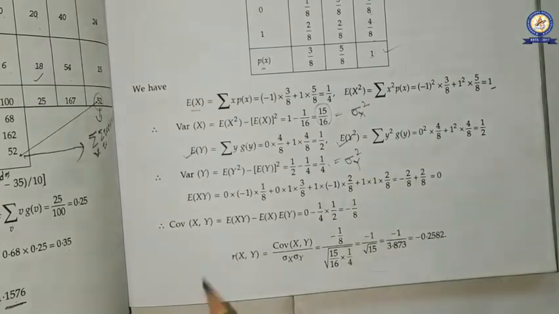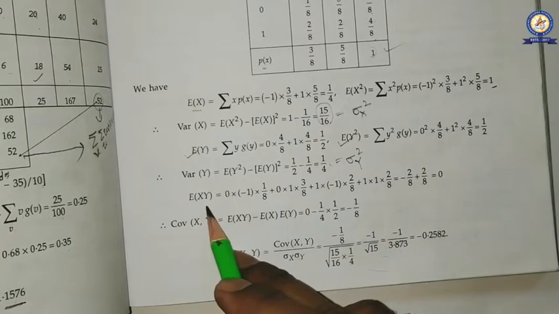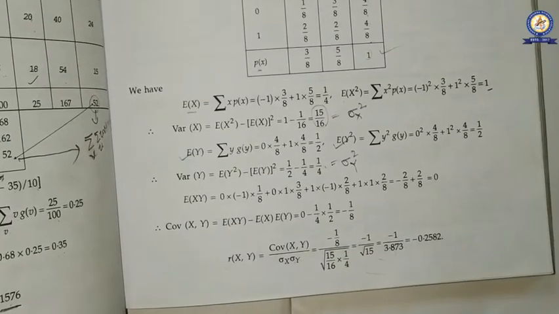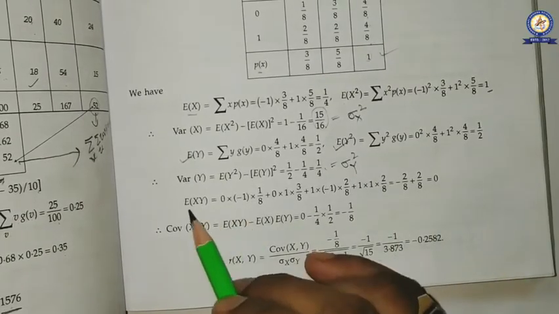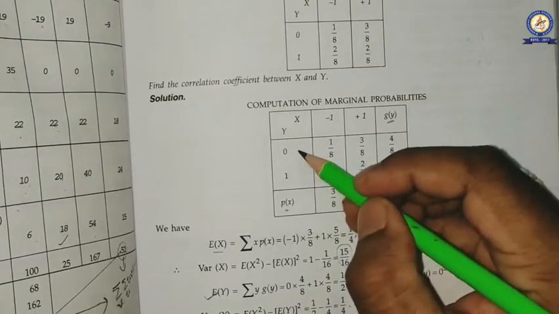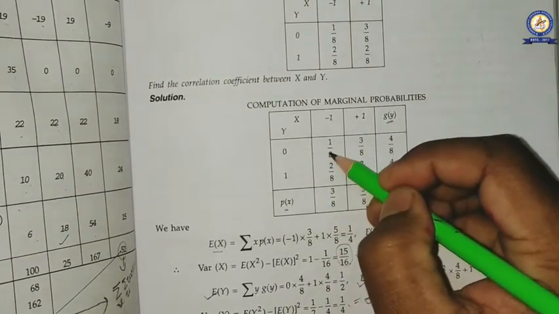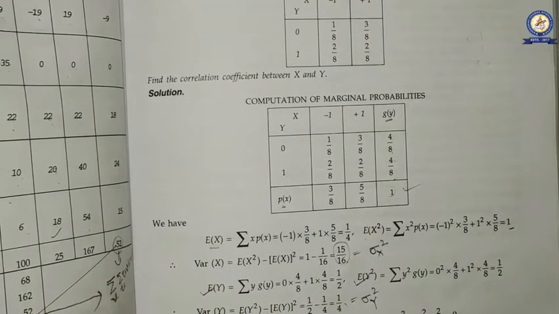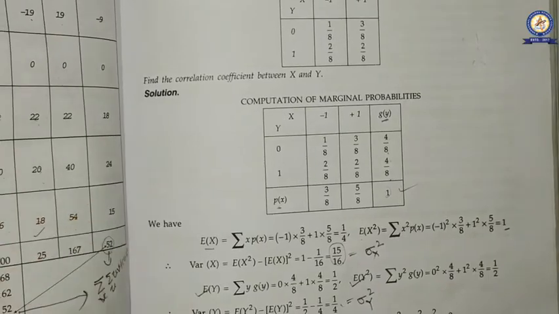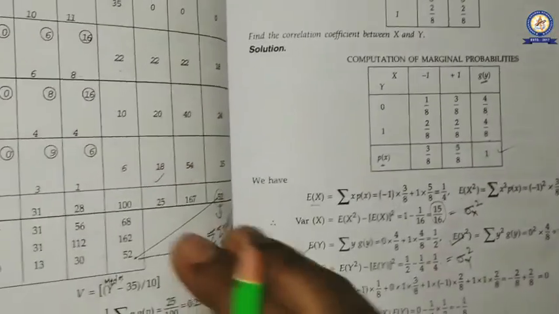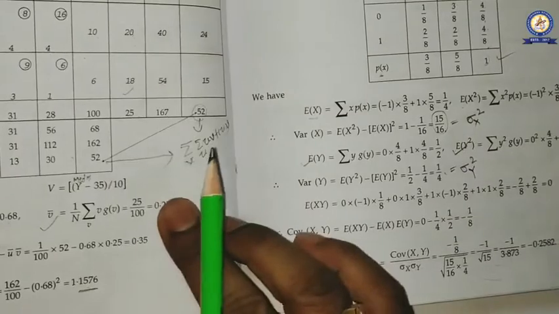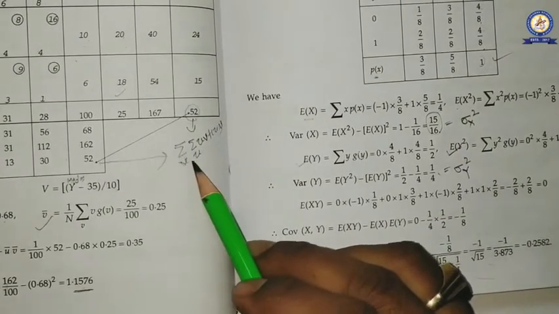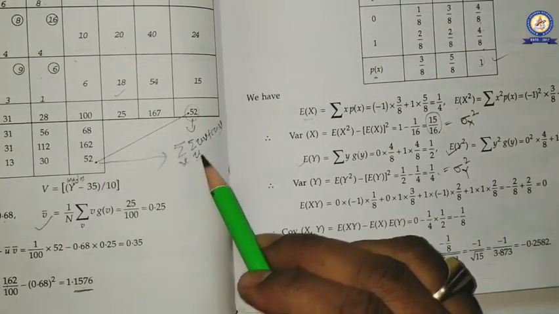And expectation of xy means we have to add all the values, that is, the summation over u and summation over v of uv into f of uv.